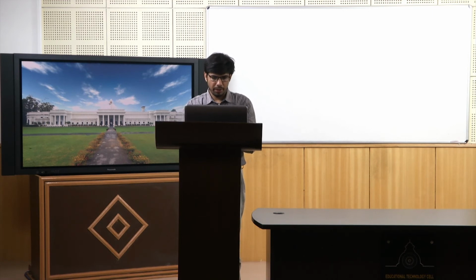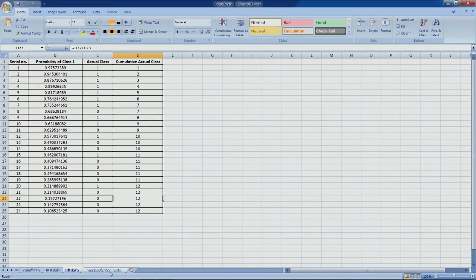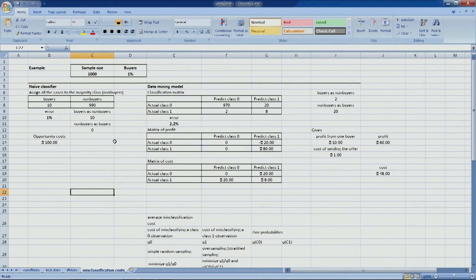So let's open the Excel file, to understand misclassification cost further, before we discuss how we can incorporate it to improve our modeling. Let's say we have this example, we have 1000 observations. This is our sample size, and 1% of this particular sample belong to the buyers category.